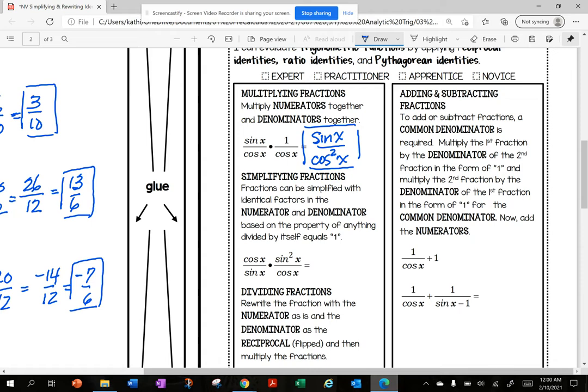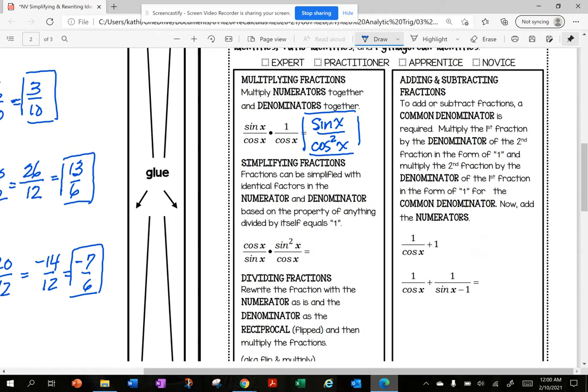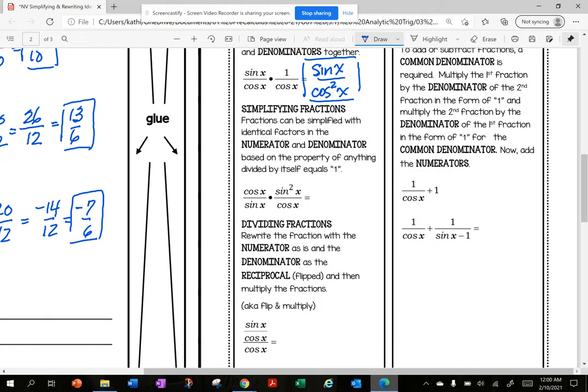So simplifying fractions. I reduce the numbers, so I am working with the exponents. So anything divided by itself is 1. So I can simplify when I'm multiplying. If you can see right now, everything's multiplied out. So I can rearrange and multiply.